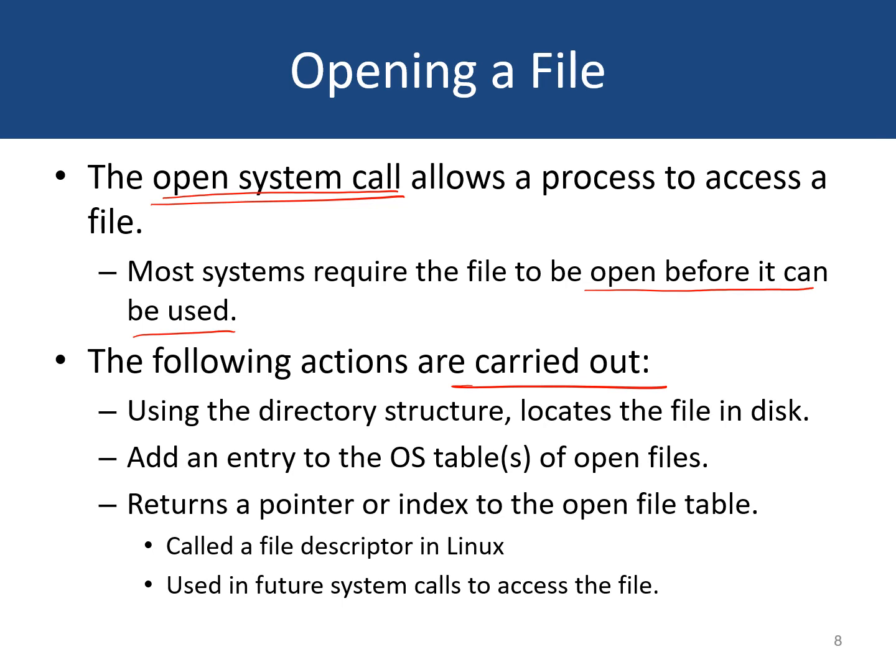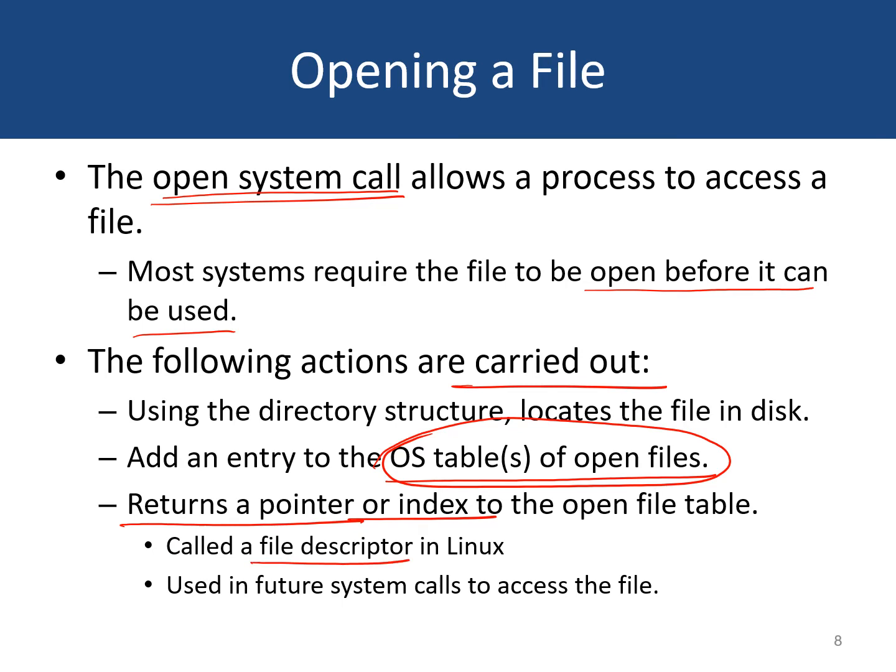That is basically a table in the operating system which keeps track of all the files which are open in the system. The open system call will typically return a pointer or index to the entry corresponding to this particular file in the open file table. In the Linux operating system, this pointer is known as a file descriptor.